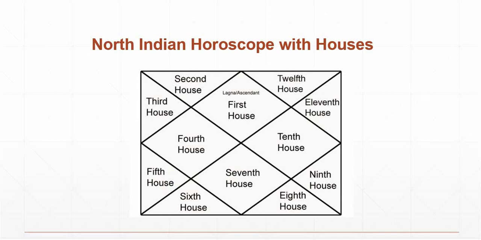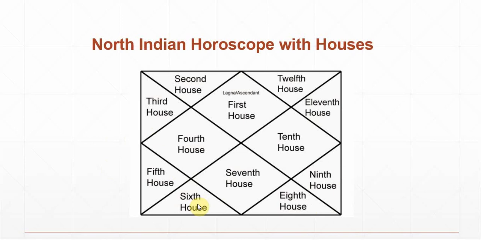Okay. Sixth house is generally seen for debts, and this house is also for litigation, your enemies, and your diseases. All of that is seen from the sixth house.